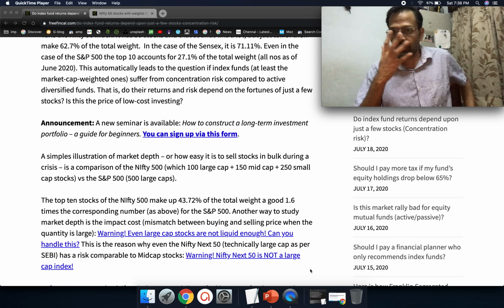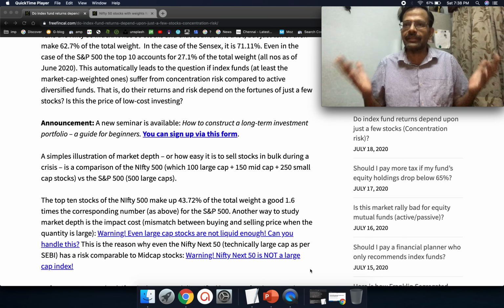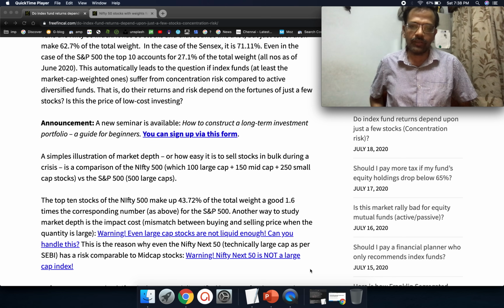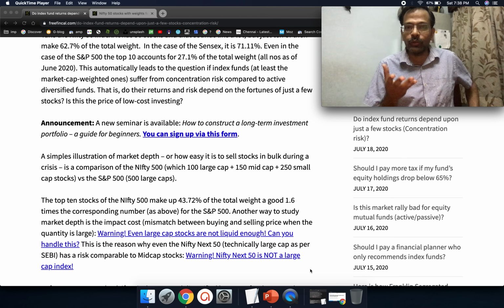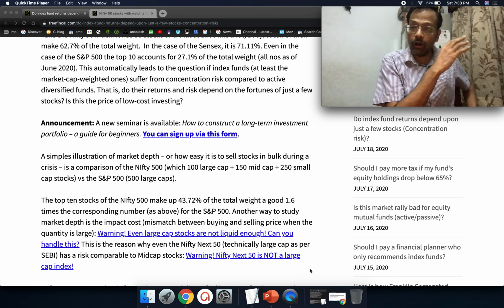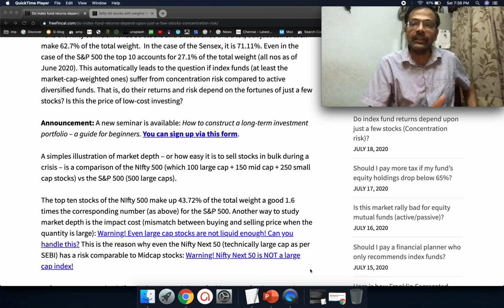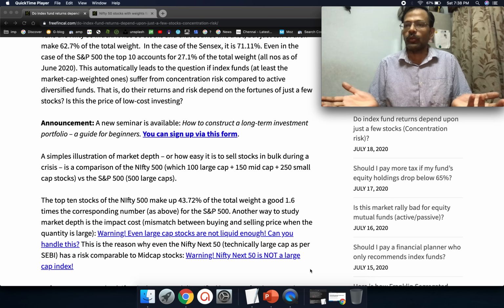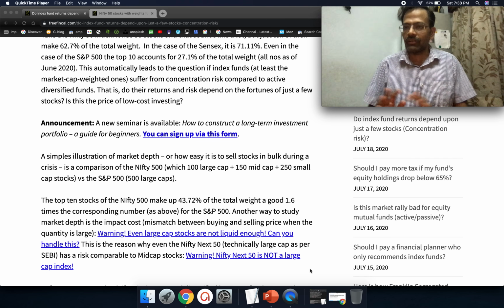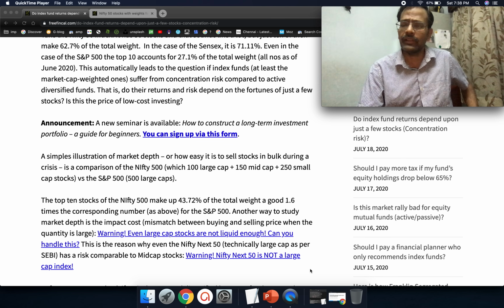The Nifty 500 is more or less the entire tradable stock universe for mutual funds. Basically the total stock universe in the NSE is just 500, and the top 10 account for 43.72% of the Nifty 500.